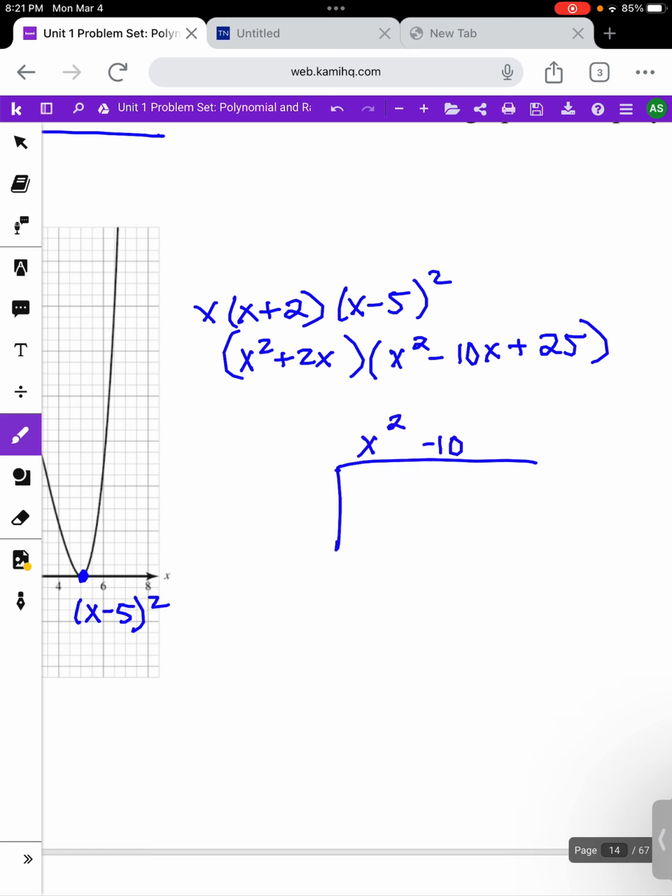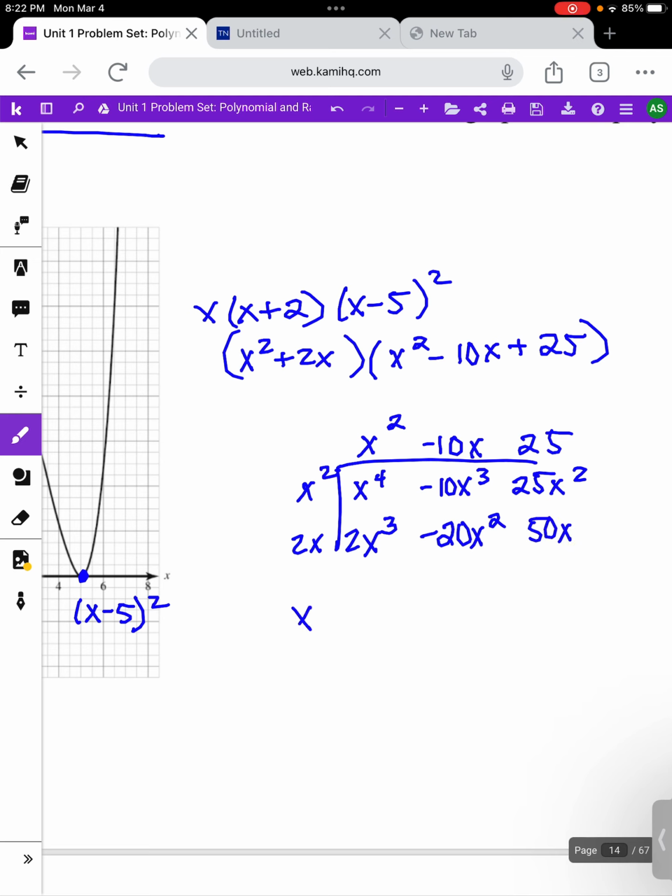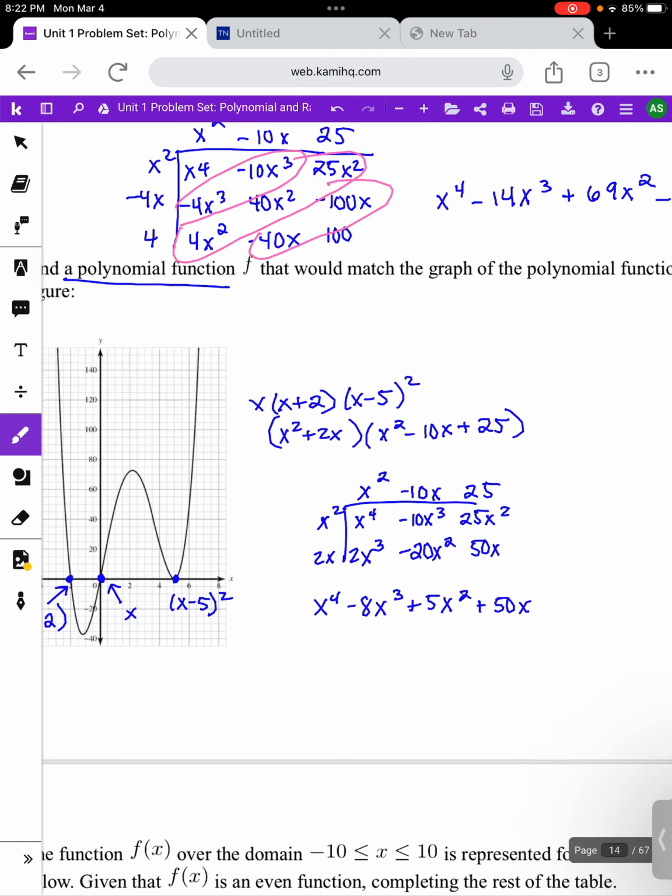It's just way easier when you're doing these long ones. Which gives us x to the fourth minus 8x to the third plus 5x squared plus 50x.